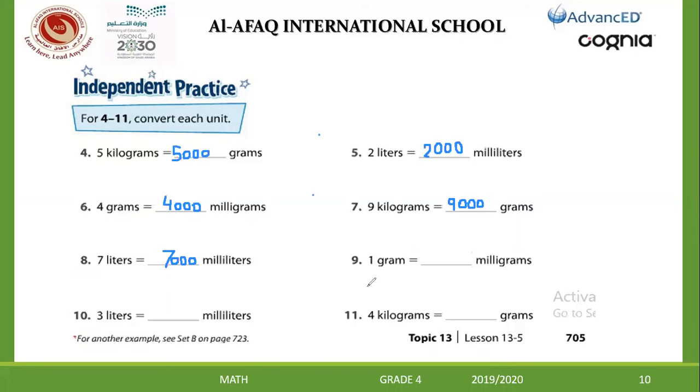I have just 1 gram, so I replace it by 1,000 milligram. What about 3 liters? If I have in 1 liter 1,000 milliliter, what about 3 liters? Repeat this 1,000 3 times. So you will get 3,000 milliliter.